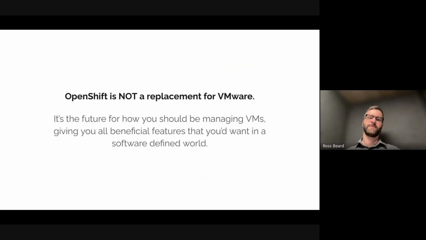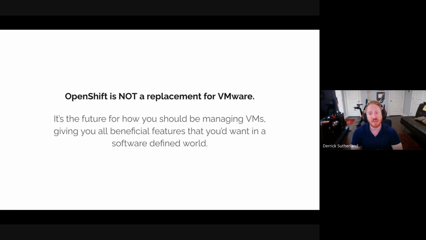So we have a lot of customers or organizations coming to us looking for a VMware alternative. Is OpenShift a replacement? I think it's a complicated question. The short answer is no. It's not a replacement, but I want to put a big asterisk on it. It's not a replacement because it doesn't do things the way that traditional virtualization providers did things.